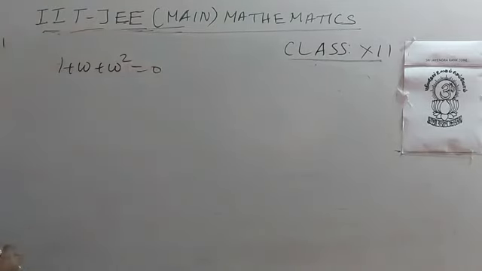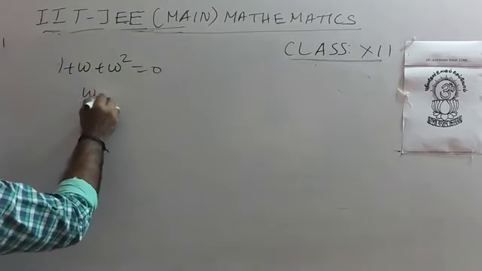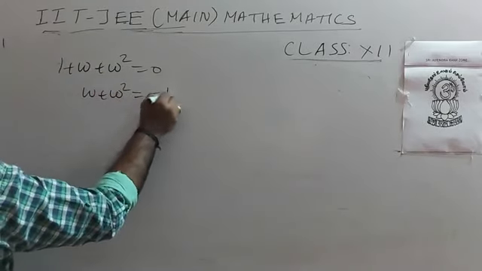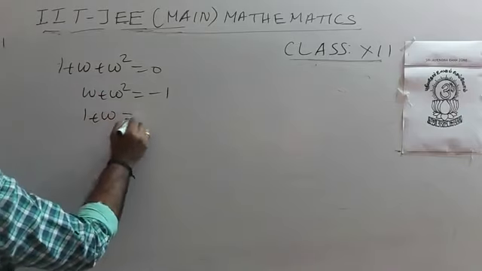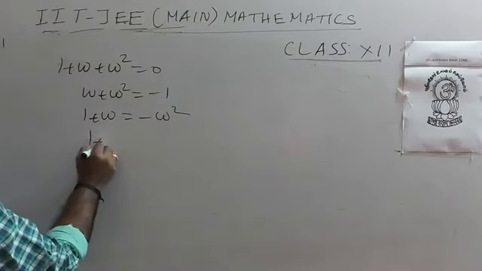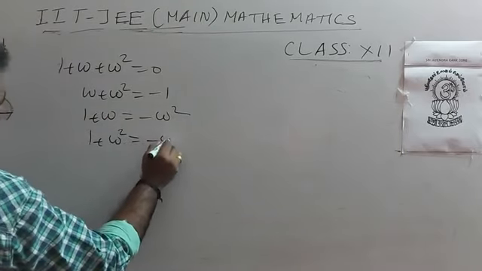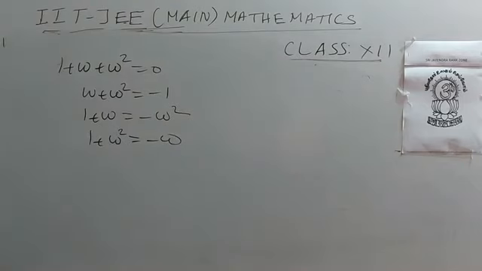From 1 plus omega plus omega squared equal 0, we can have omega plus omega squared equal to minus 1, 1 plus omega equal to minus omega squared, 1 plus omega squared equal to minus omega.